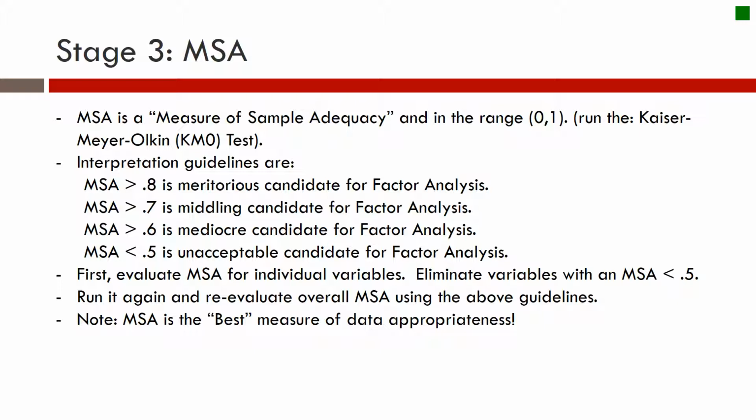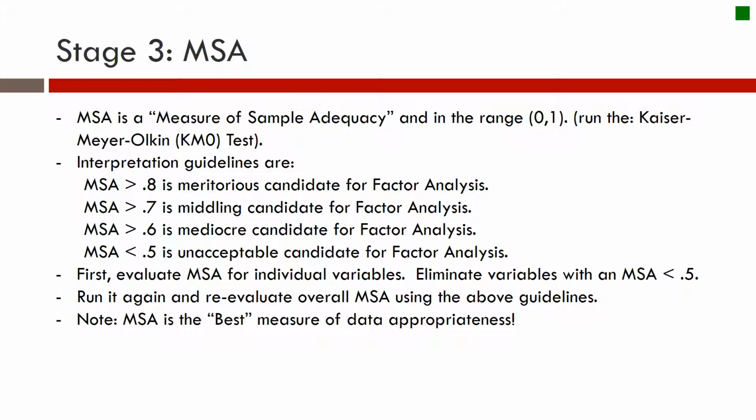Those would be variables on the diagonal matrix that have less than 0.5 correlation, and on the off diagonal matrix, we want the entries to be small. They should be small in that case. So we look for that.